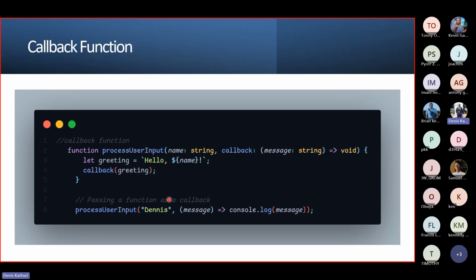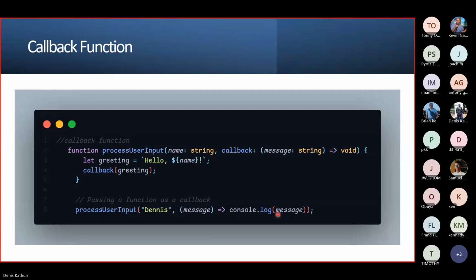Later it executes the callback function by passing the message which we have processed, which is now hello Dennis, and outputs the message here in the callback function. And the final message will be hello Dennis.